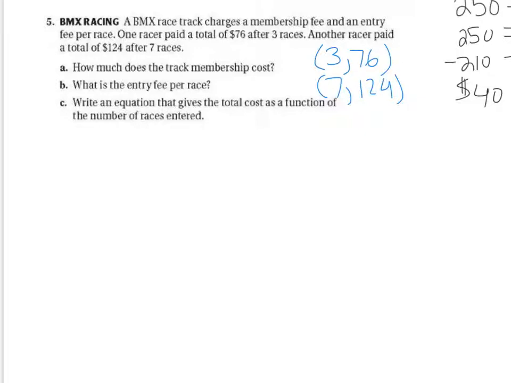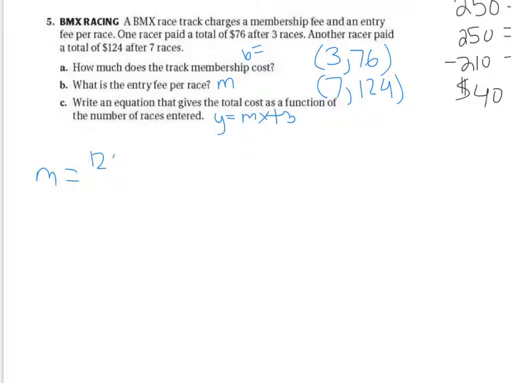So, alright, we need to figure out, this one is asking us what b equals, this one is asking us what m equals, and this wants the total equation, y equals mx plus b. Okay? So first thing, I'm going to find the slope.